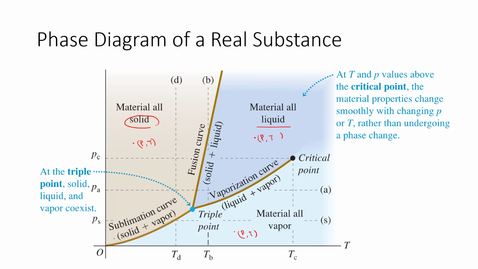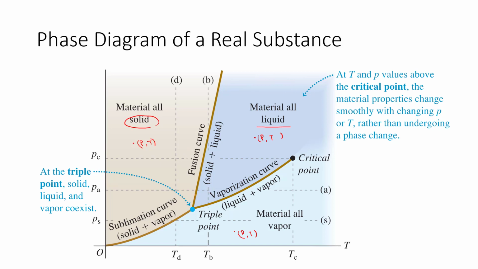So we have these three curves along which you can have two states in equilibrium. The fusion curve, which is this straight up line, separates the solid and liquid areas, and represents possible conditions of solid-liquid phase equilibrium.